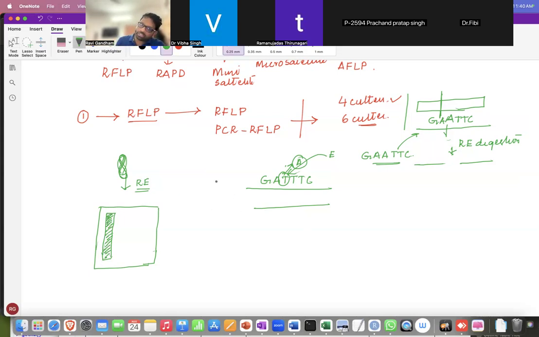Now what they have done is, for example, this particular polymorphism they have identified in a particular gene, gene A. Now you have a gene and this polymorphism is identified in gene A. They have taken the probe of the gene.